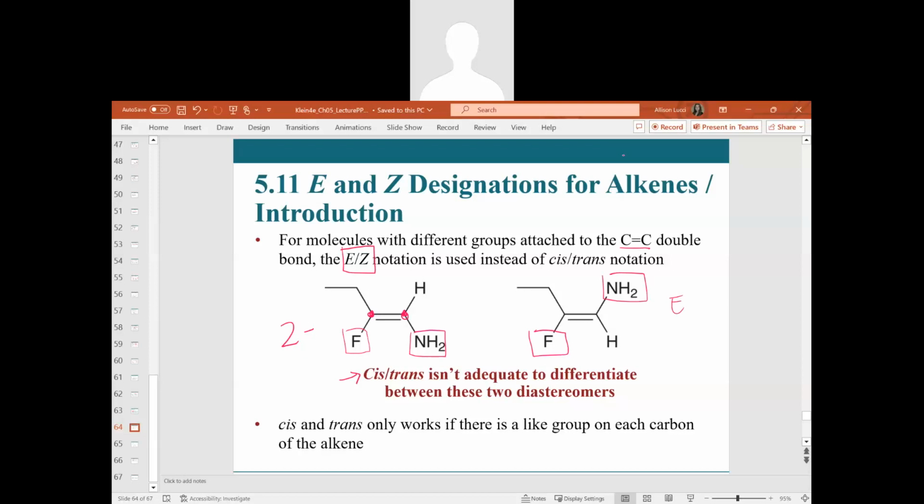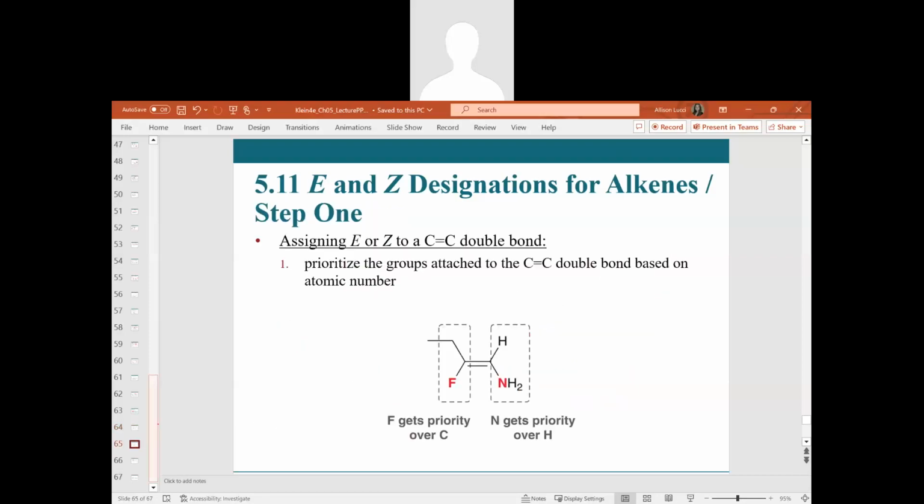So the cis and trans notation, again, only works if we have like groups, but when we have different groups, we have to use E and Z notation. So let's take a look here and see what I pointed out on the last slide, but in a more step-by-step process. We have our vinylic position here, and we look at this carbon on our double bond, and we see that we have fluorine, or we have a carbon, as our first atom connected to that double bond carbon.